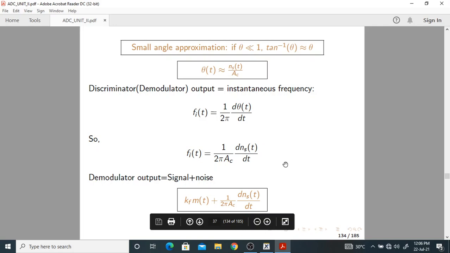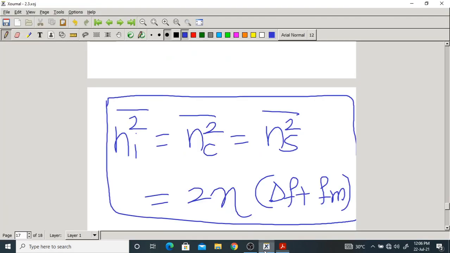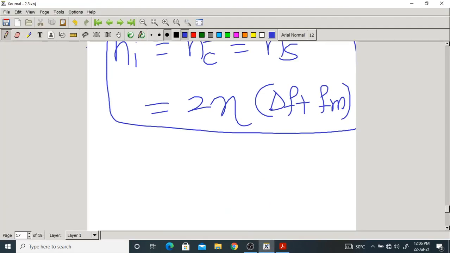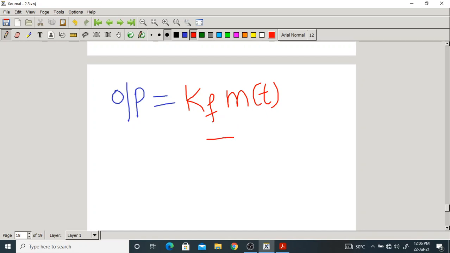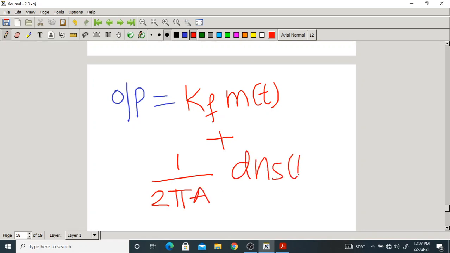Okay, so at the output of the discriminator we have a combination of two things. What are they? Signal component kf m of t plus noise component, 1 by 2 pi a d ns of t by dt.